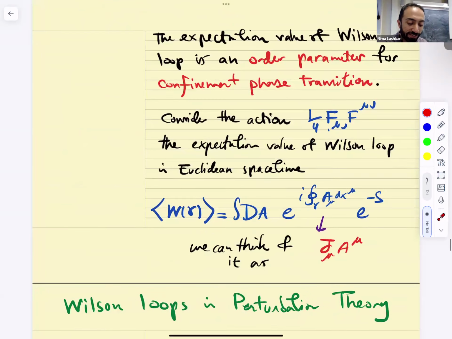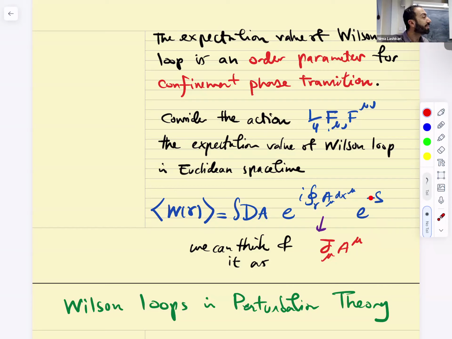So I'm gonna use a very, very dirty trick to calculate this one-point function in the free theory, in QED. This is the path integral I have to calculate. I'm gonna think of the integral over gamma of dx mu as j mu, as a source.